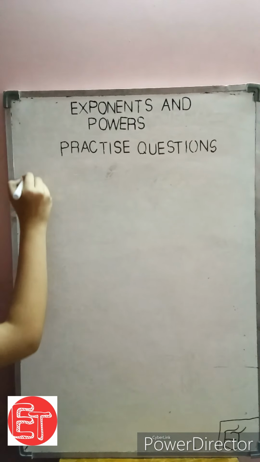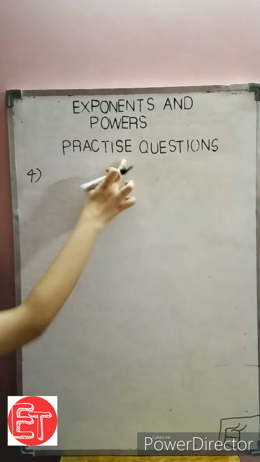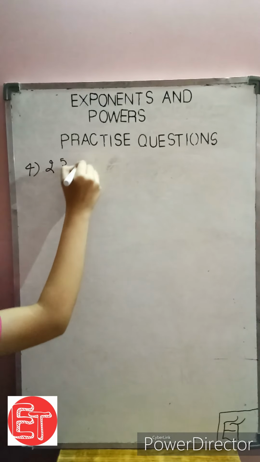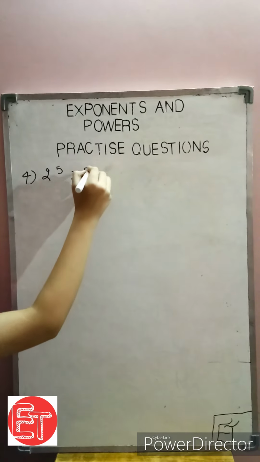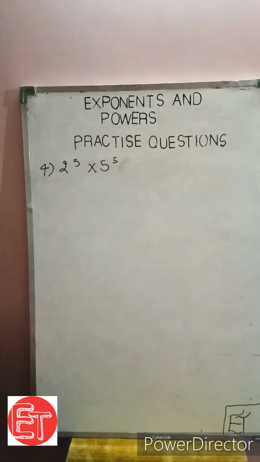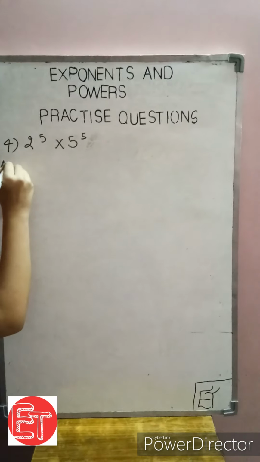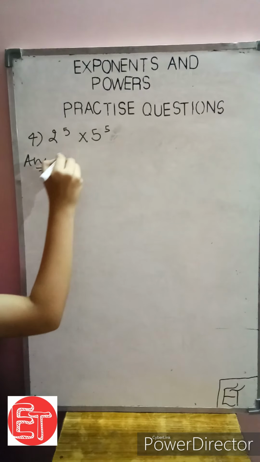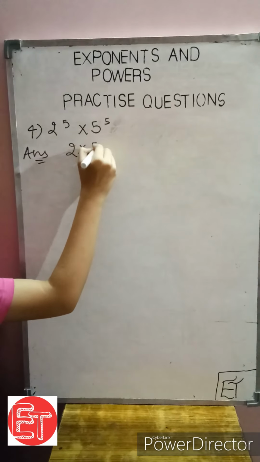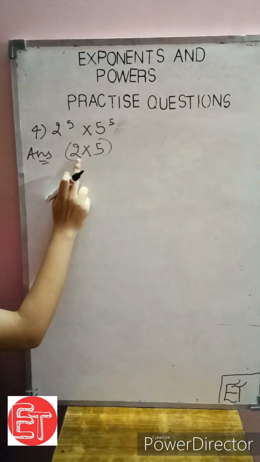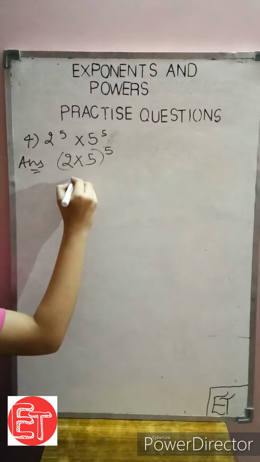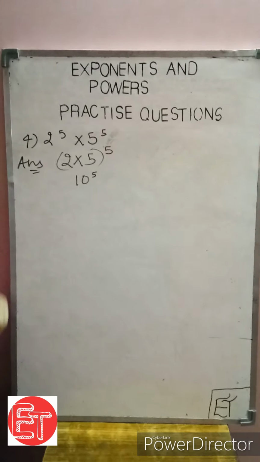So our fourth practice question is 2 raised to the power 5 multiplied by 5 raised to the power 5. Here you can see that our bases are not same but our powers are same. So we will multiply our bases. 2 into 5 raised to the power 5. 2 5s are 10 raised to the power 5.